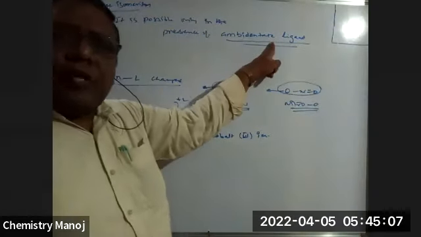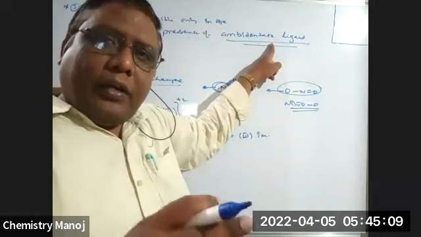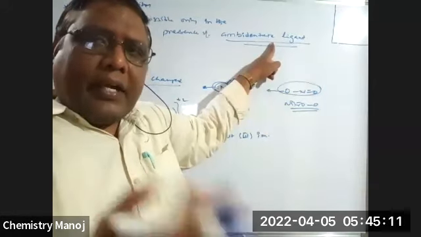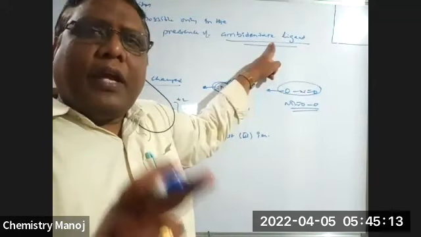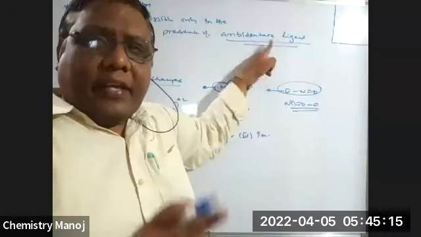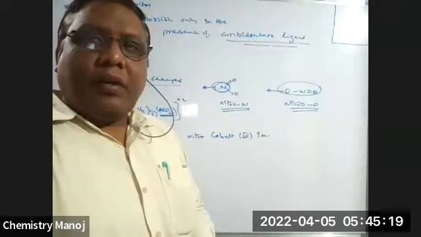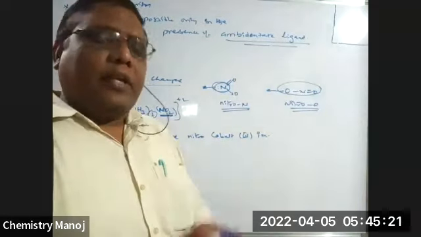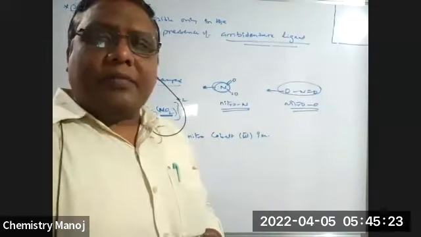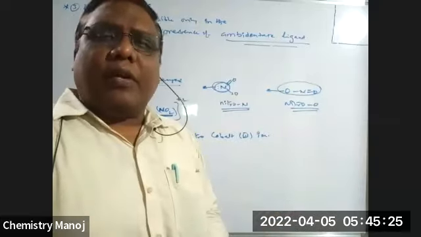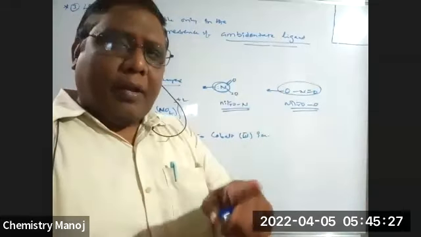That has one or more than one donating ligating atoms. Ligating atoms means donating atoms. At the time, only one can donate, either nitrogen or oxygen, either carbon or nitrogen in cyanide. So it has more than one donor atoms, but at the time, only one can donate. So what is the donor atom you can mention?